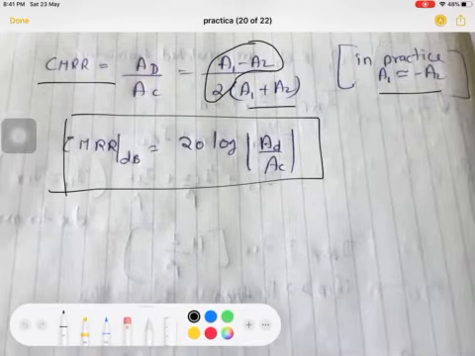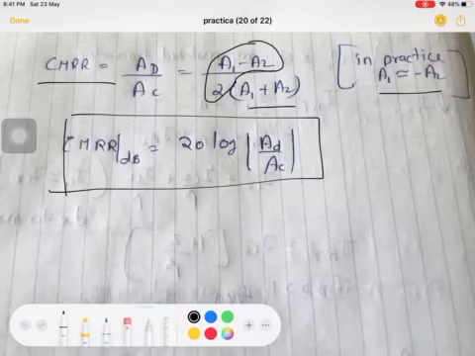What is CMRR? CMRR is AD by AC. We put in the value of AD, that is (A1 minus A2) by 2, and AC, A1 plus A2. In ideal cases, A1 is the negative of A2, so we write A1 equals minus A2. If we put in A1 equals minus A2, it means CMRR will tend towards infinity.